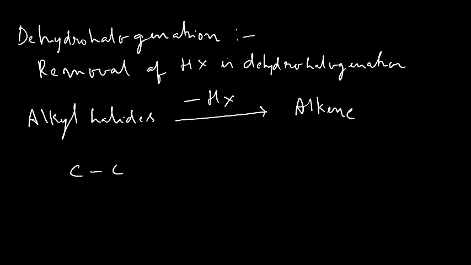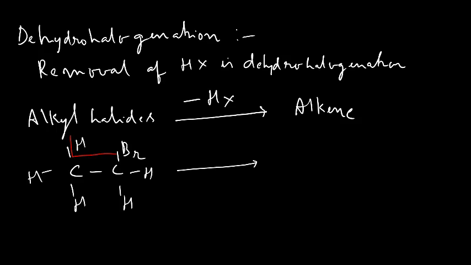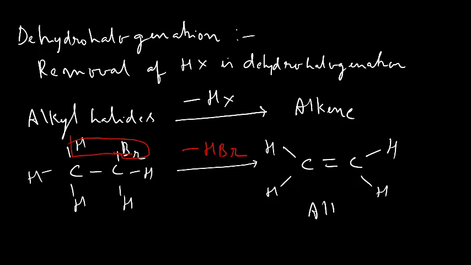For example, this is ethyl bromide. So this ethyl bromide undergoes dehydrohalogenation, and here hydrogen halide, that is hydrogen bromide, is removed, and we get C double bond C, H. So an alkene is formed, and of course this particular substance is ethylene.